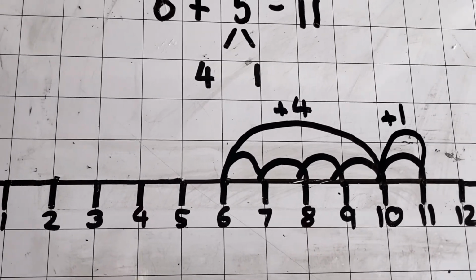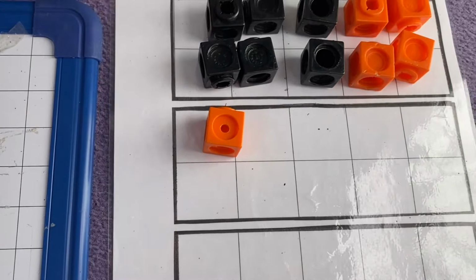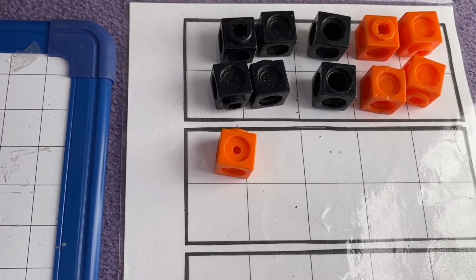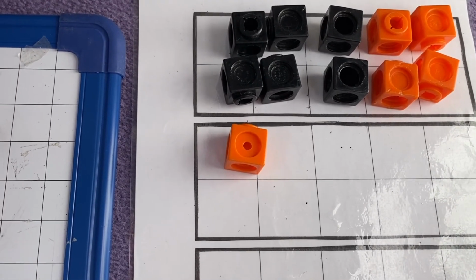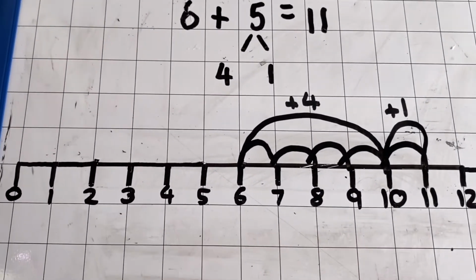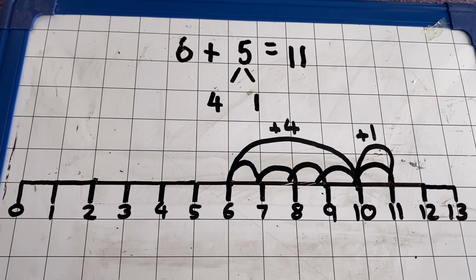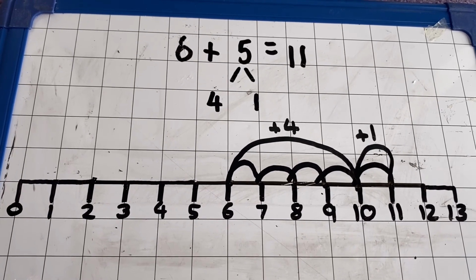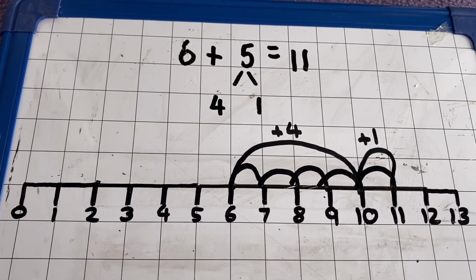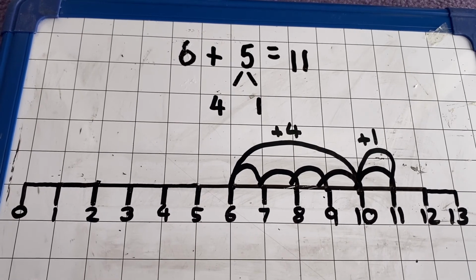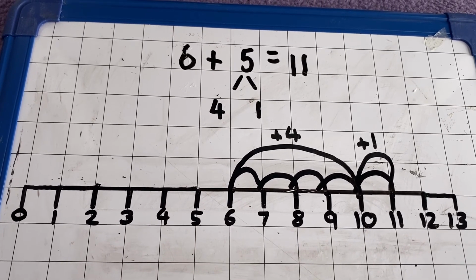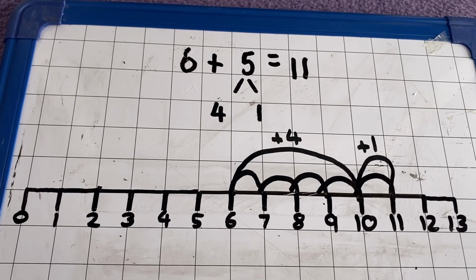This supports them and builds on from the concrete method of using the tens frame. When children are very confident at using this method, they will be able to move on to the abstract method, solving problems. For example, if I am 7, how many more do I need to make 11?